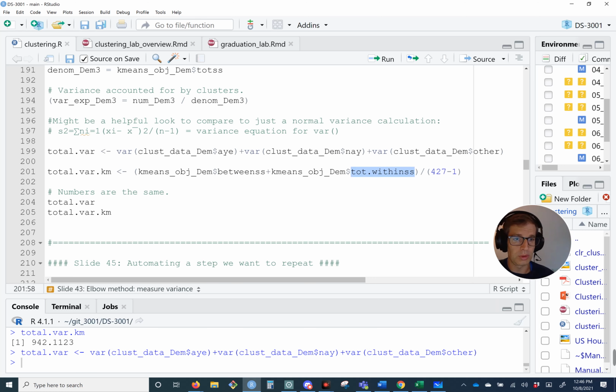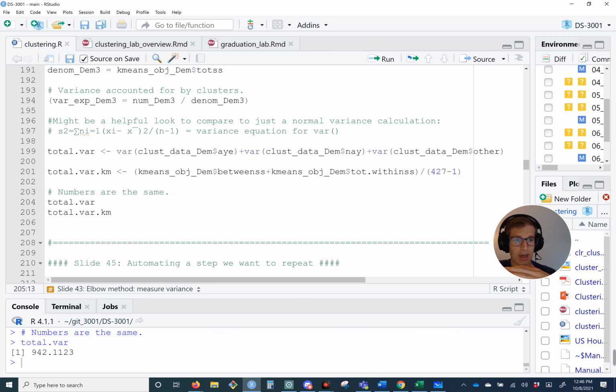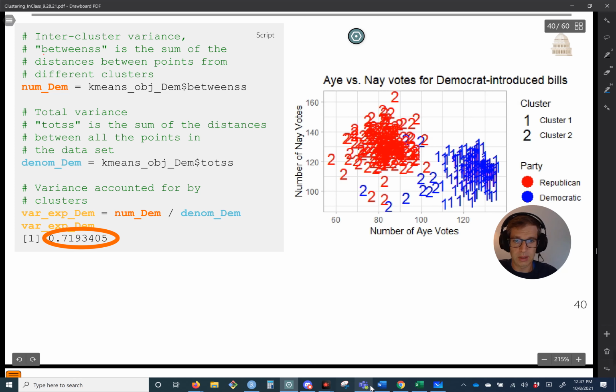So the total within the clusters and the total between, divided by the length subtracted by 1, just like the variance calculation. If we compare these two, the variance of the data points we're using and the variance of the objects generated in the k-means algorithm, they are the same. I just wanted to show you that to ground it home. Basically, what we're doing here is trying to understand better the variance in terms of clusters as compared to the variance and errors in terms of a line, like you might normally see in regression.